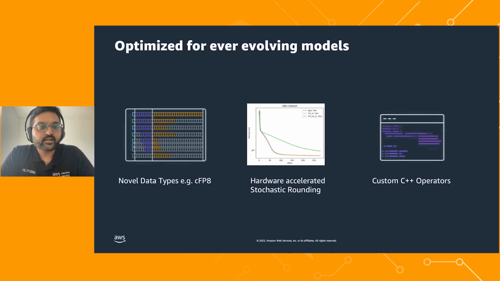And the second thing we have is a hardware accelerated stochastic rounding. This is a probabilistic rounding mechanism that works at a hardware level, and this helps in improving the performance when you are training a model at large scale, right? And lastly, we also provide abilities to write your custom operators. We have a C++ wrapper mechanism through which you can write your own custom operators for Neuron.